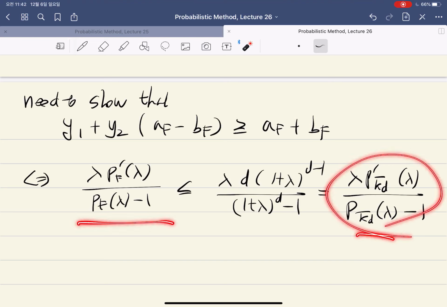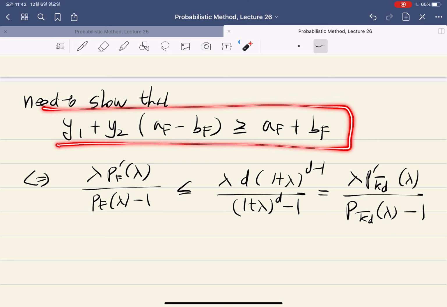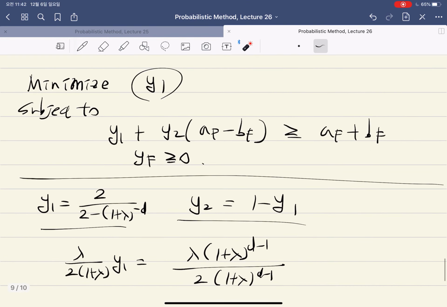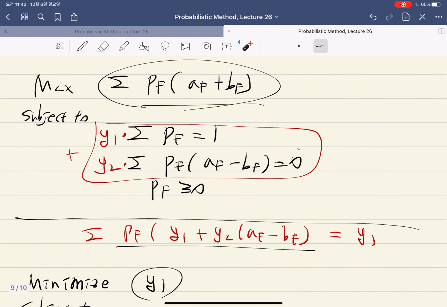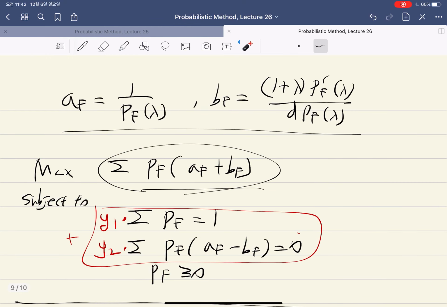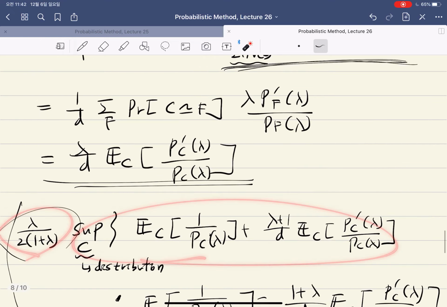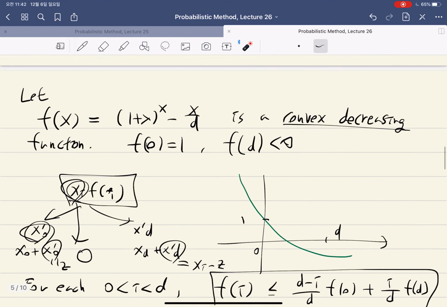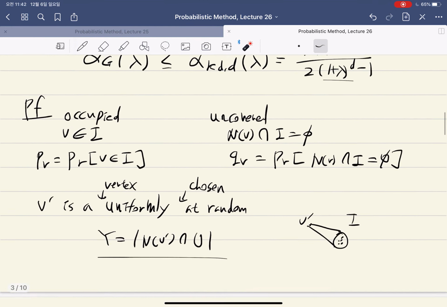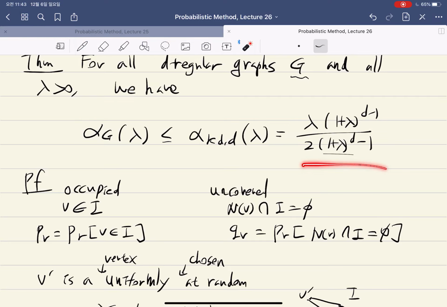So we want this inequality. As long as this inequality holds, then this choice becomes feasible. So this is a feasible solution. So it provides an upper bound on this number, which actually yields the upper bound on here with the exact number.